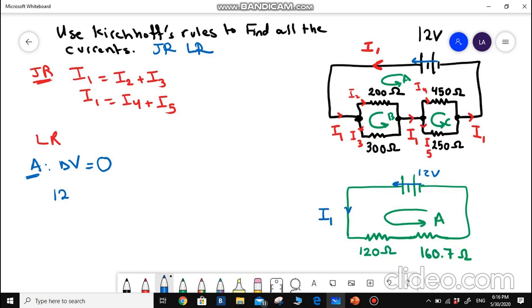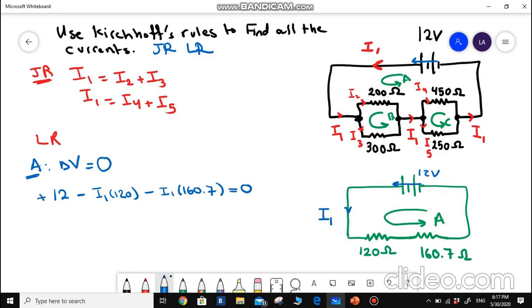So here I1 is with the direction of the loop, so minus I1 120. This is the voltage IR across this resistance, minus I1 160.7 equals 0.